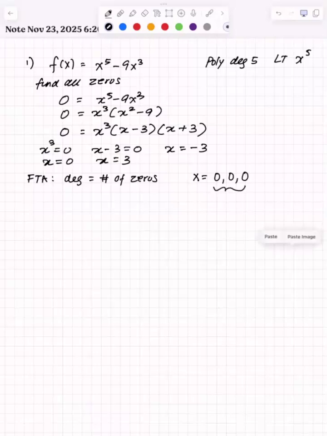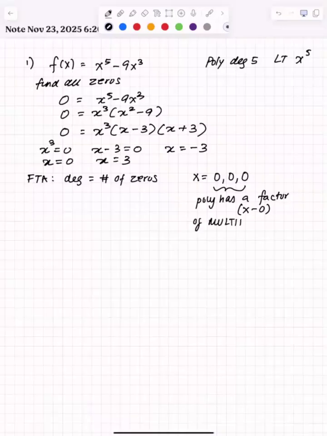We can say the polynomial has a factor of the form x minus c, which has a factor of multiplicity 3.